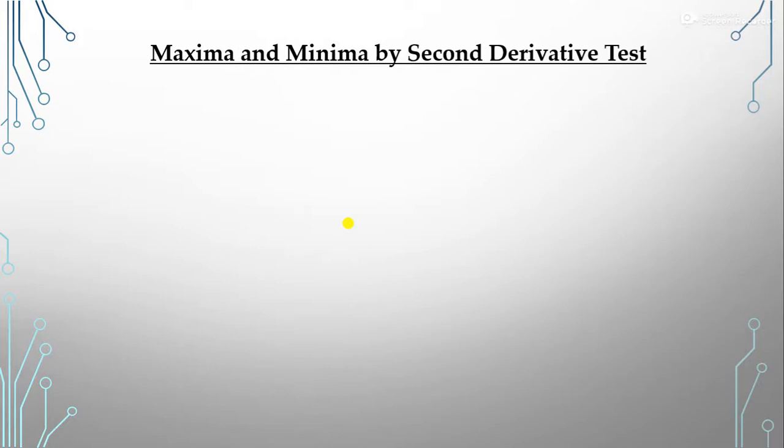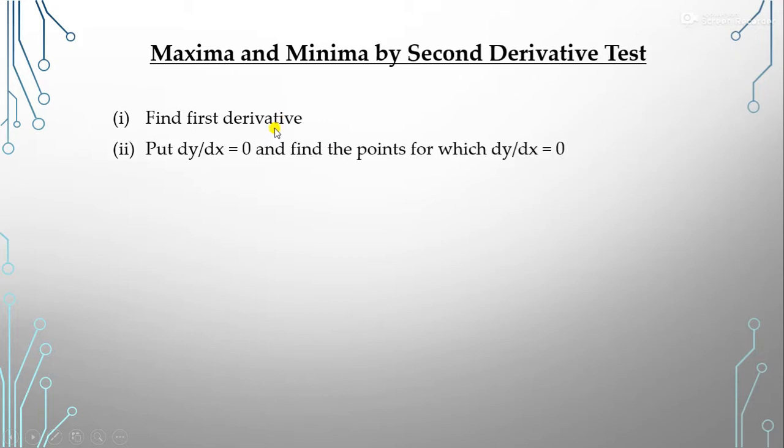The second one is: by the second derivative, how can we find the maxima and minima? Suppose you are given the function y equal to f(x). First you find the first derivative, and again you differentiate that derivative. That is the second derivative. For this method, first you need to find the first derivative of the function.